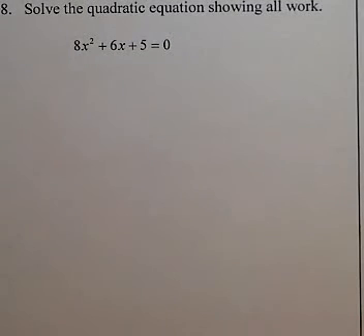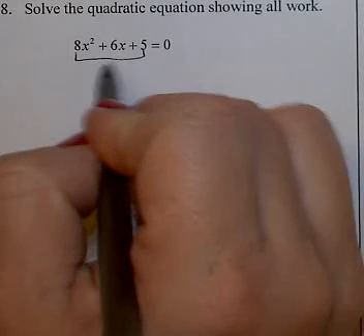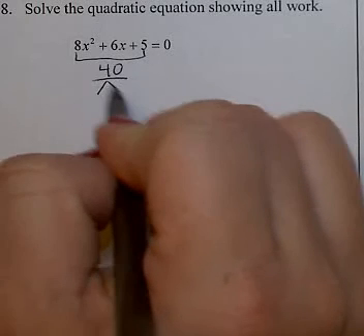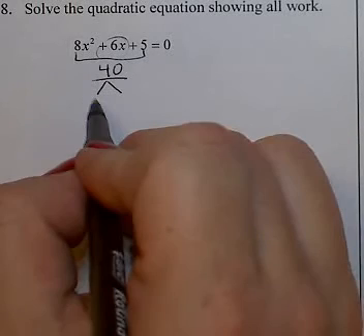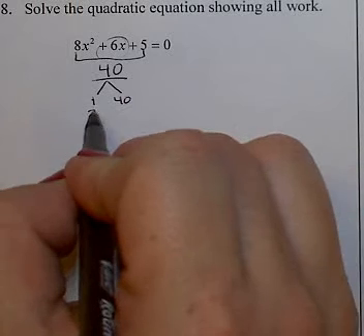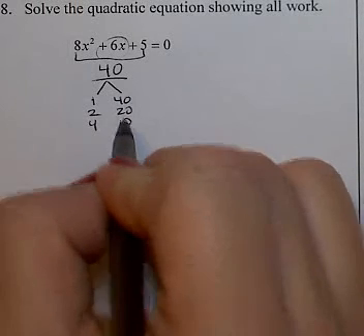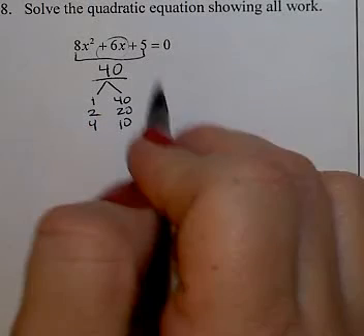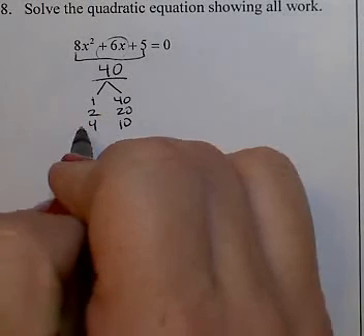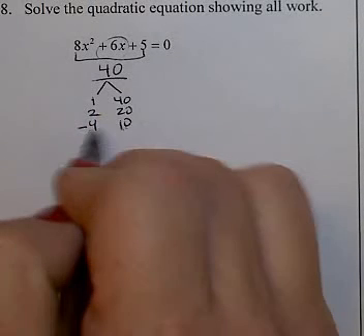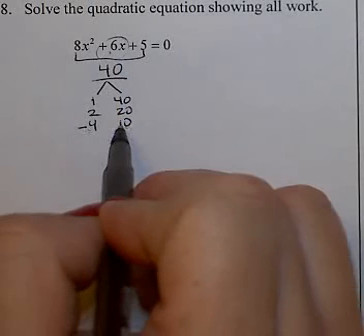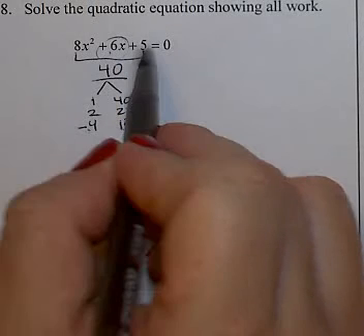Number 8. So we're looking right now at number 8. And we're going to ask ourselves, solving this quadratic, can we think of a combination that multiplies to give you 40 and adds to give you 6? 1 and 40 do not work. 2 and 20 do not work. 4 and 10, a lot of students are going to say, hey, this works if 10 is positive and 4 is negative, and that does work to give you a positive 6, but they don't multiply to give you a positive 40.